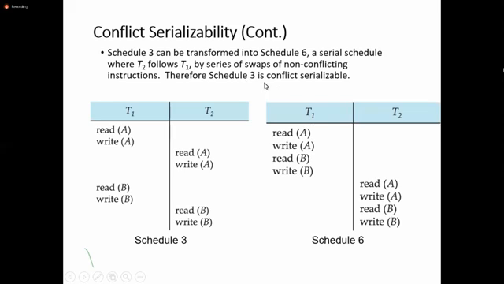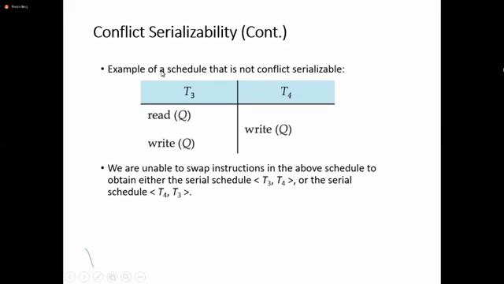There is no problem. Therefore, schedule 3 is conflict serializable, and we can make it serial. For example, now this is the non-conflict serializable one. We cannot make it serializable because here are the same items: T3 reads Q, then T4 is going to write Q, then T3 again writes Q. We are unable to swap the instructions.